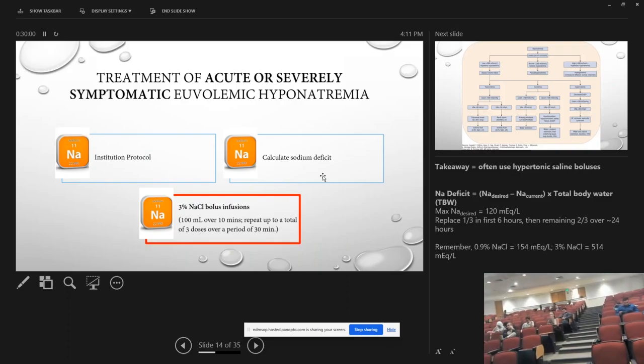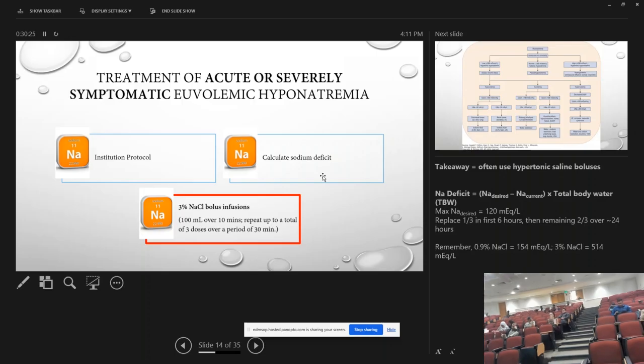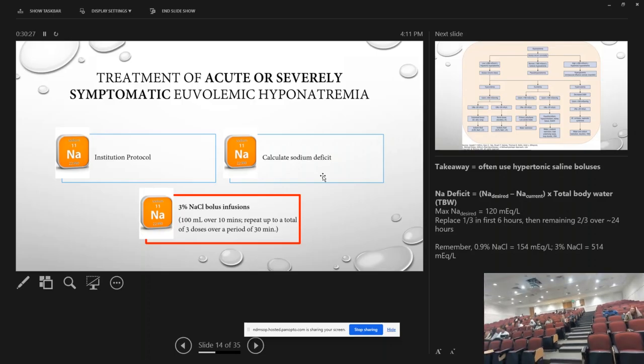And what you're going to use is hypertonic saline. What I want you to know here is that most hospitals will have an institutional process or protocol for hypertonic saline. You're going to see this at the majority of hospitals. You can calculate a sodium deficit. The calculation is in your notes in the slides. You don't have to know that. What you need to know is a general dosing.